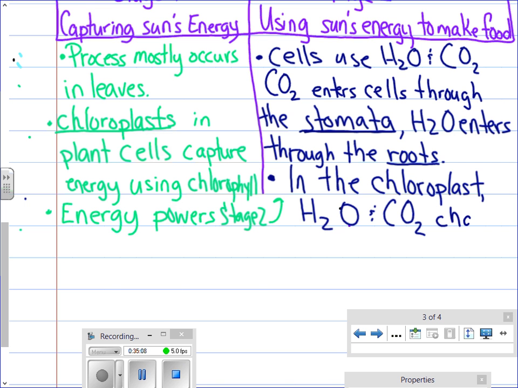changes and makes, what did we say it released as a waste? Sugar. What was the chemical formula for sugar?